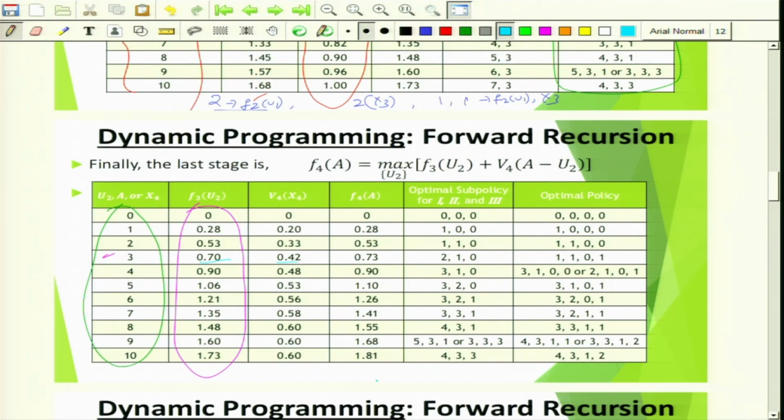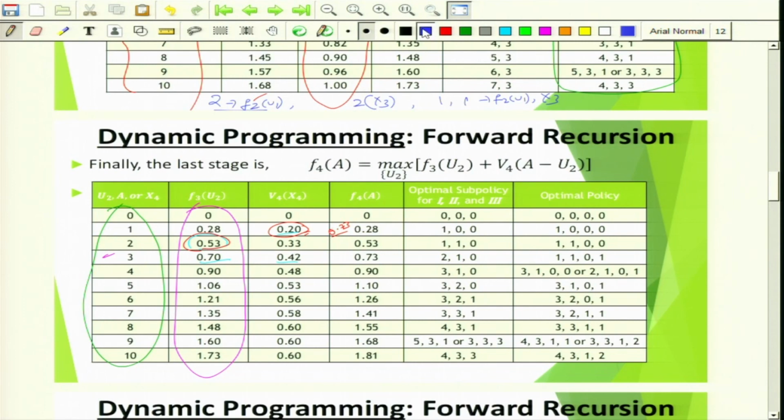Let's take another combination of 2 plus 1. That means 2 units from F3 of U2 and 1 from X4. How much does it come out to be? 0.73, right? This combination gives you 0.73.